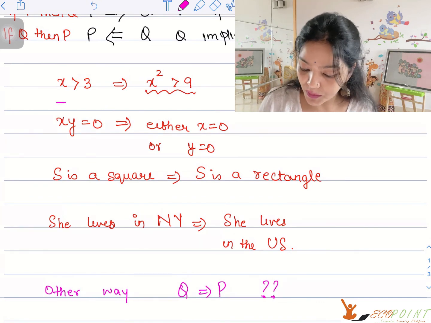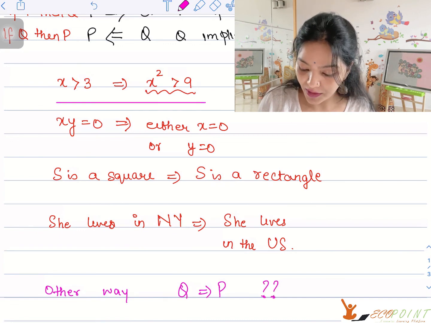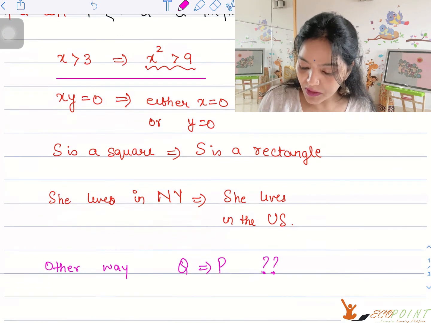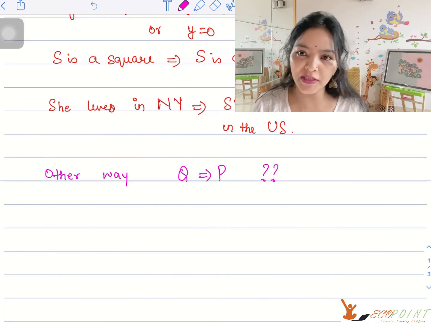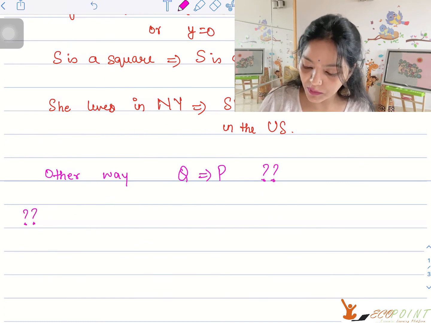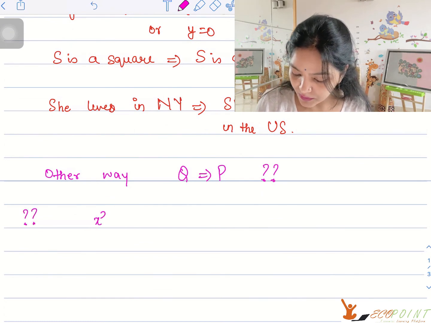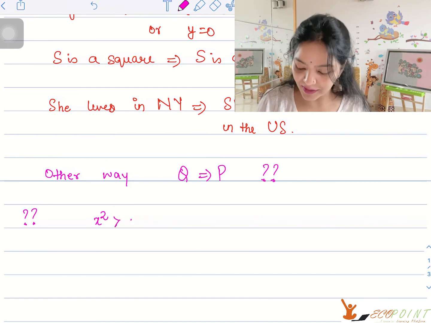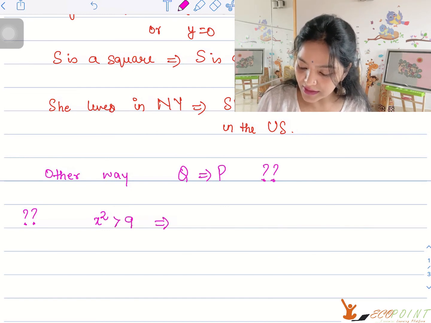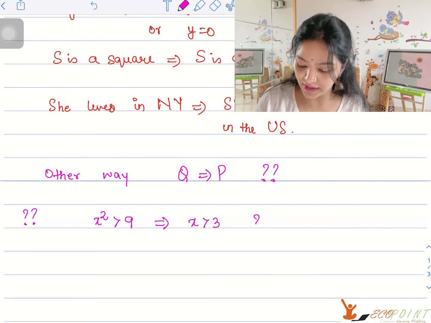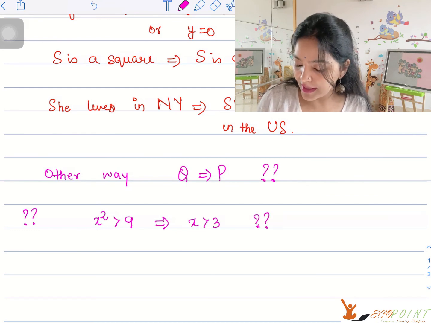Let me start with the examples that I have given you. Will it be correct for me to say that Q implies P here? I'm starting with a question mark here. Is it correct if I write x square greater than 9 implies x greater than 3? Will this be correct?